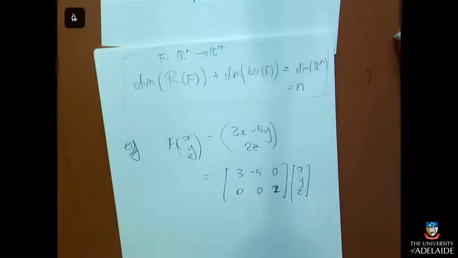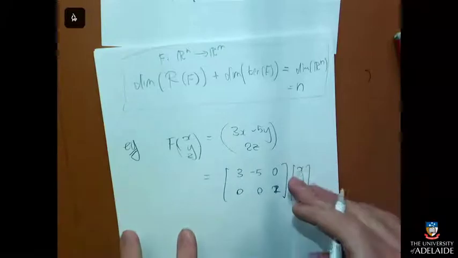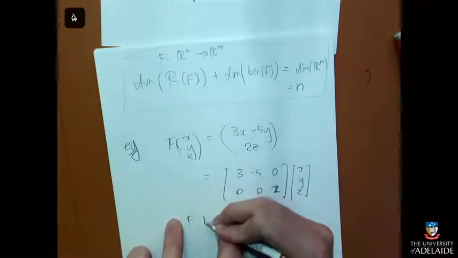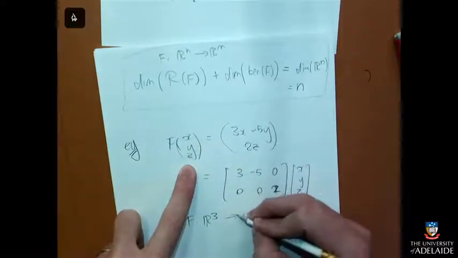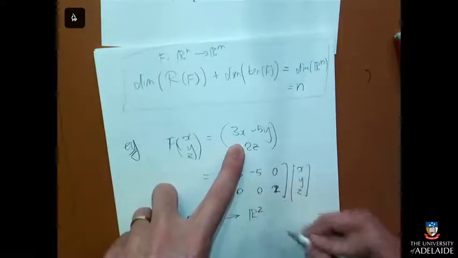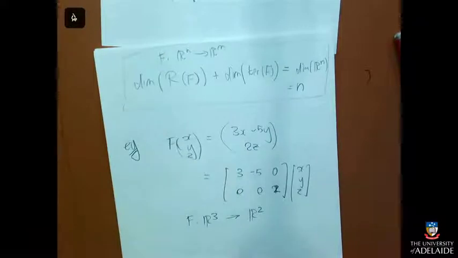It's not how many z's are written on the page, it's how many numbers are attached to them. Just to be clear while we're at this, we do know that f sends R3, because there are 3 coordinates, and produces things with 2 coordinates. Just so that we're clear on what's going on here.